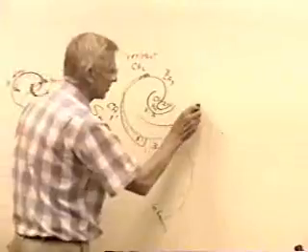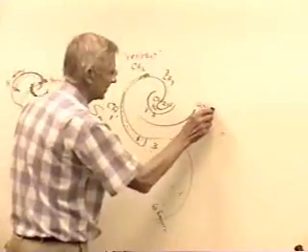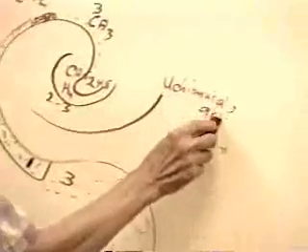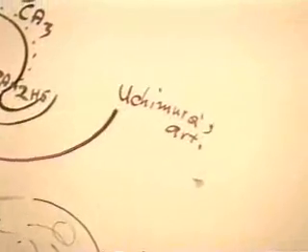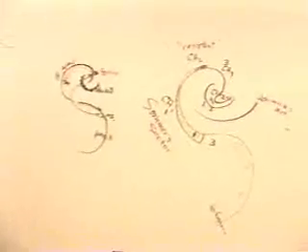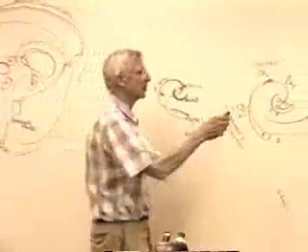So-called Uchimura's artery. A branch of the posterior cerebral or of the anterior choroidal.